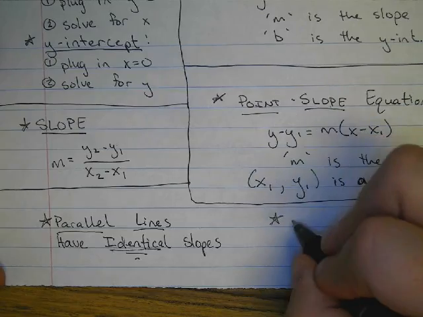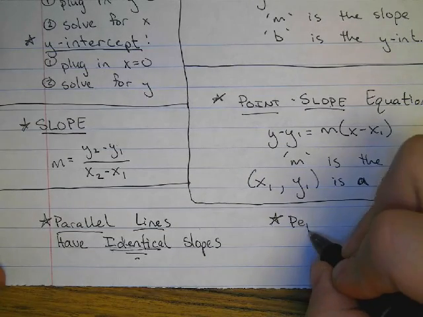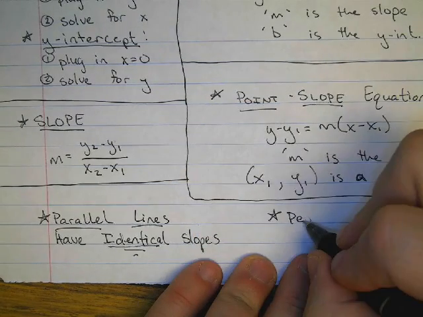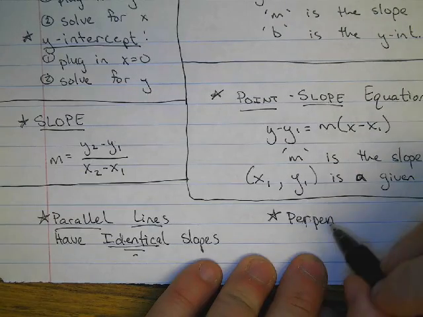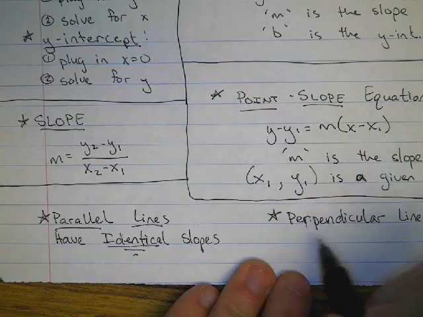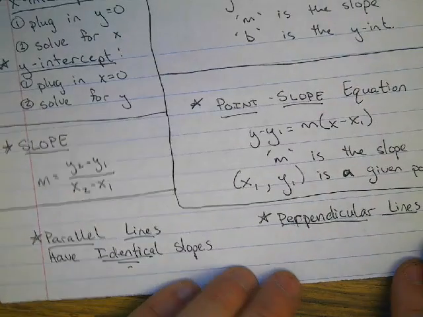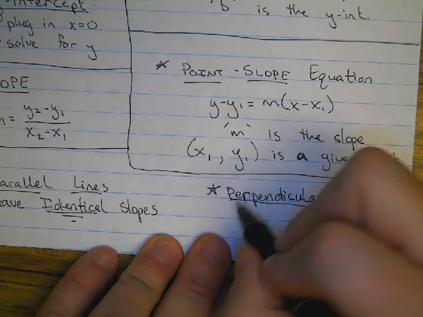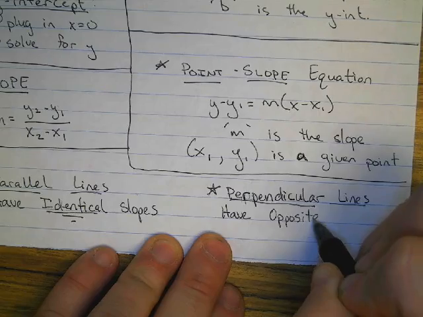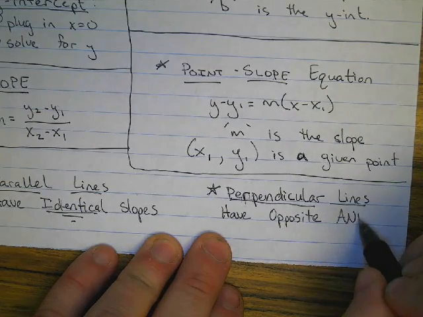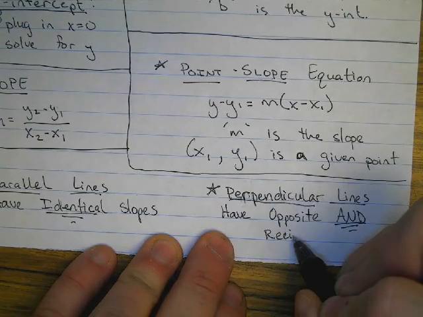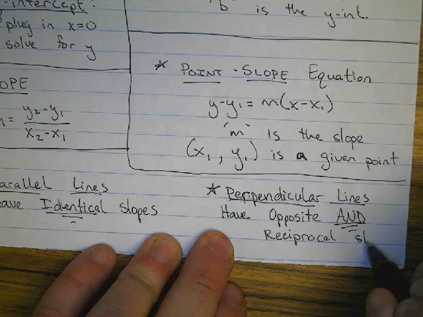And then we'll have perpendicular lines. And perpendicular lines have opposite, and it's really important, that and part, opposite and reciprocal slopes.